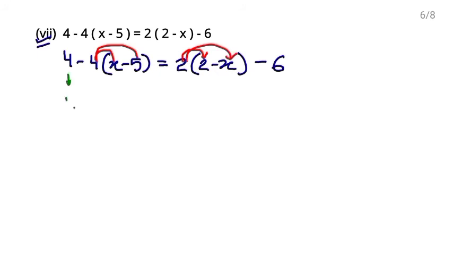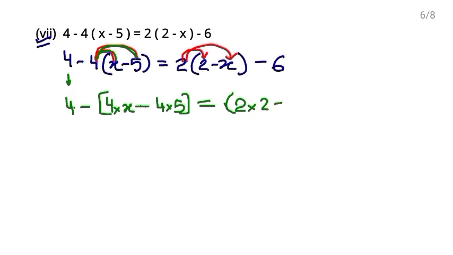Firstly write this 4 minus, multiply this 4 with this number and this number. 4 multiply x, this variable, minus 4 multiply 5, right, equals to, multiply this 2: 2 multiply 2 minus 2 multiply x, right, minus 6.